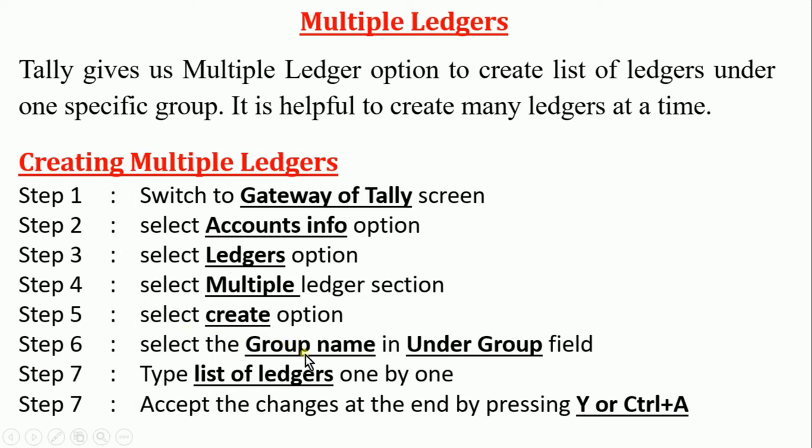Step 6, select the group name in the Under Group field. Step 7, type list of ledgers one by one, and then step 8, accept the changes by pressing Y or Ctrl plus E. Okay, this is how we can create multiple ledgers.